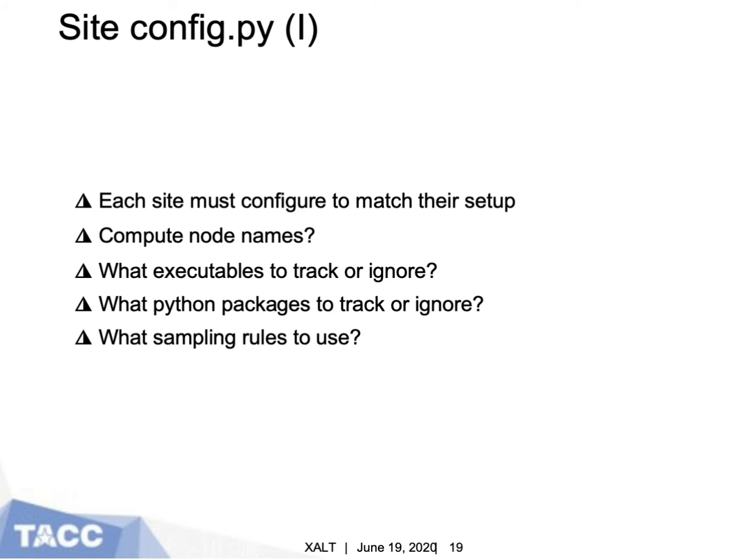And also, and I'm going to talk about this later, you're going to want to sample. That is, single executions can add up quickly and overwhelm the ability to absorb it in a database. So you're going to want to sample short-run executables, and you have to figure out how you're going to do that.